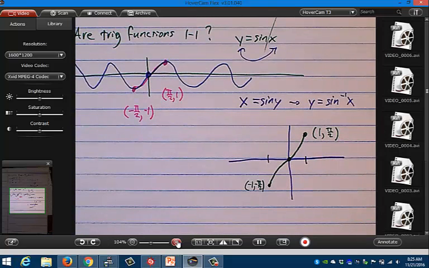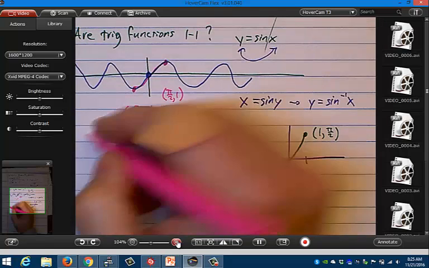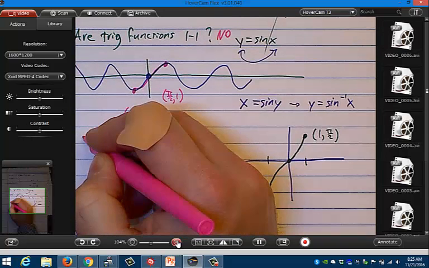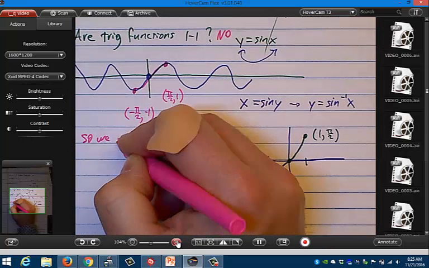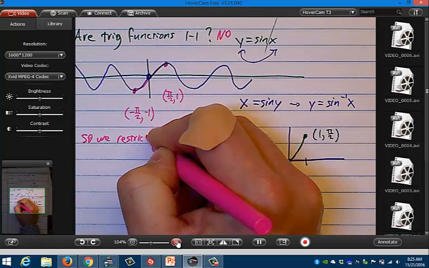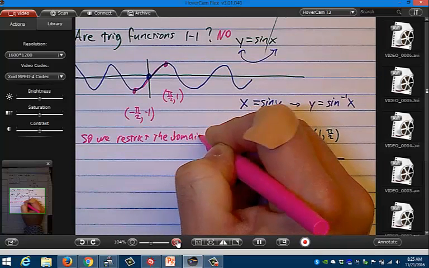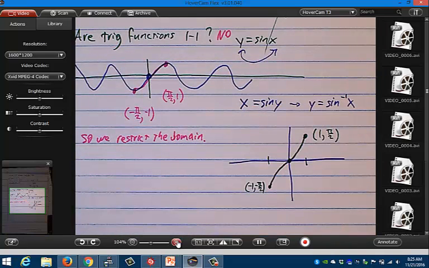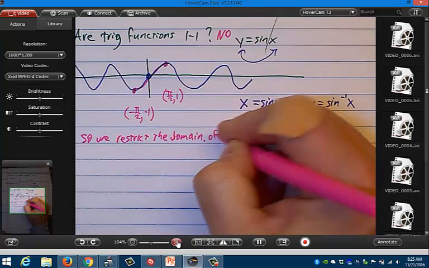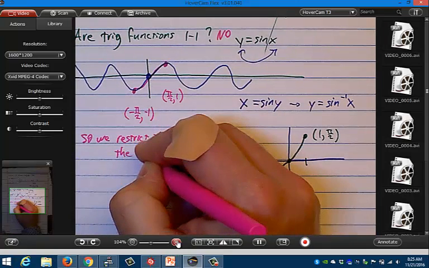So are the trig functions one-to-one? No. So we restrict the domain. And this is where it's useful to know what the ranges are for the inverse trig functions, right? Because we restrict the domain of the original trig function.